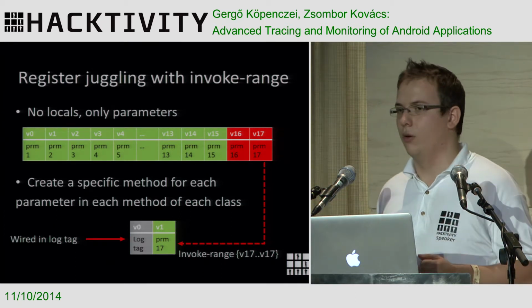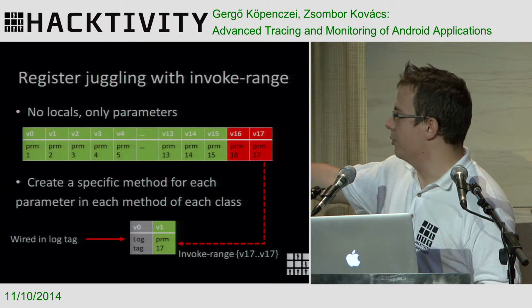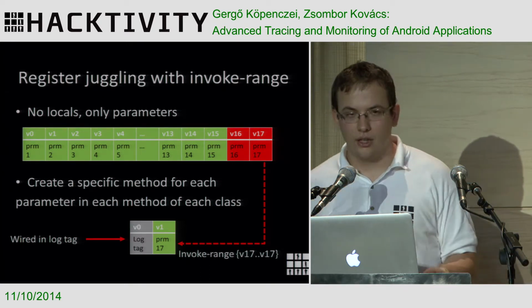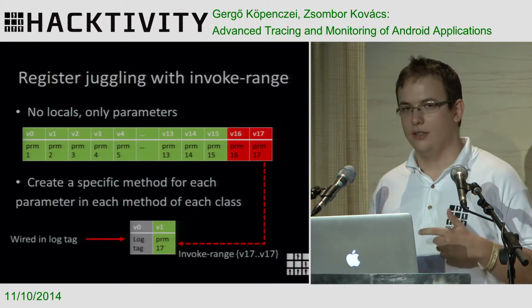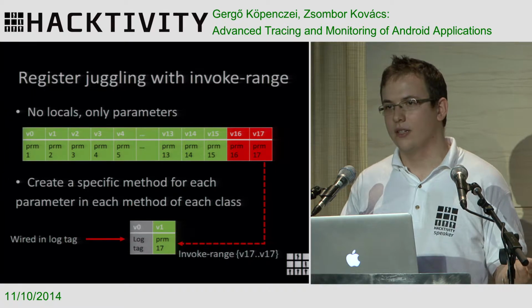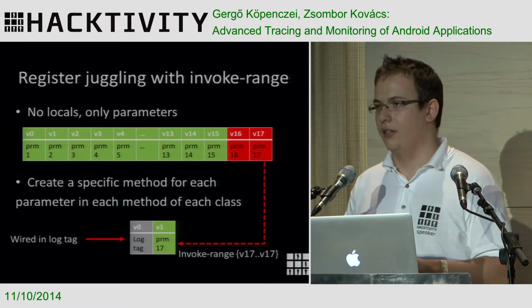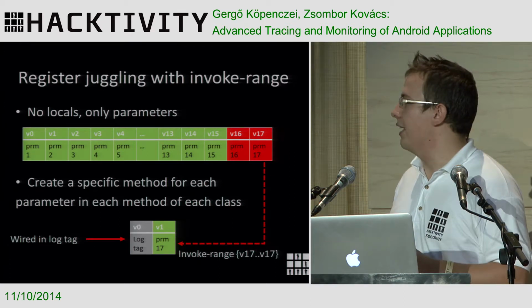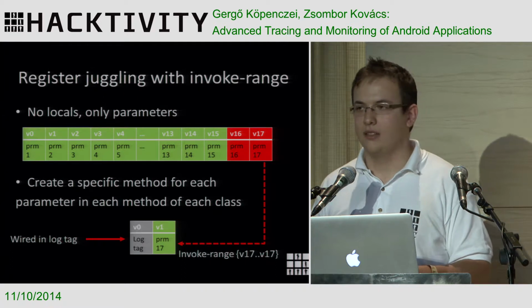And we can use that over 15. So you can invoke something with invoke-range with v17, which is a good thing. The problem is that if you want to store the log tag in the same method, then the two registers have to be next to each other. They have to be neighbors, because you can't pass it any other way. And that's obviously not possible.